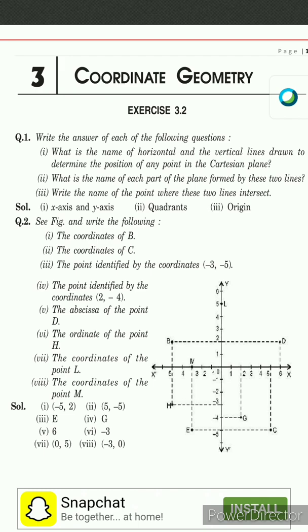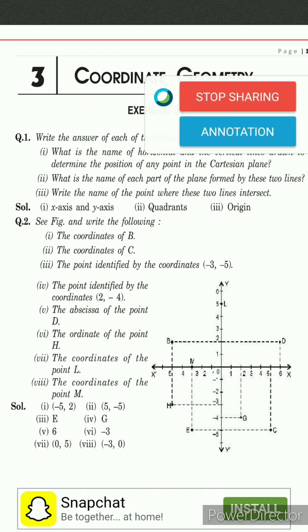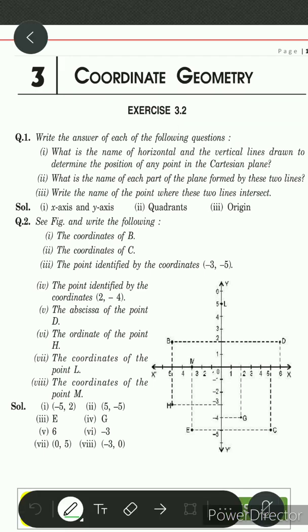Let us now discuss some problems of NCERT. Exercise 3.2. Write the answers of each of the following questions. What is the name of the horizontal and vertical lines?